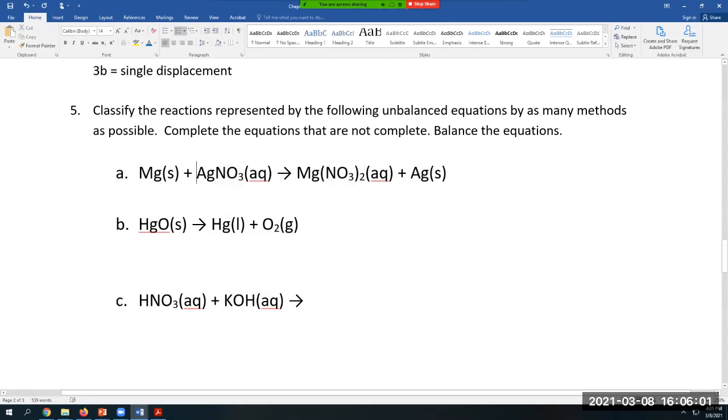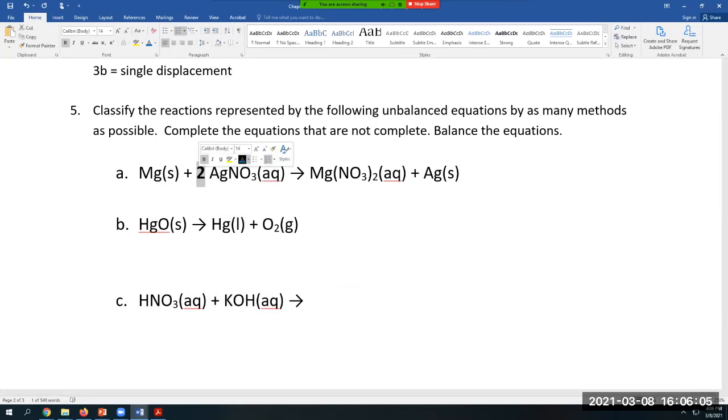So we need to make it 2 silver nitrate on the left to balance with the right. Remember, when you have polyatomic ions that are the same from left to right, they don't change, they are not broken down. Then you balance by balancing the polyatomic ion first, and it will be easier.